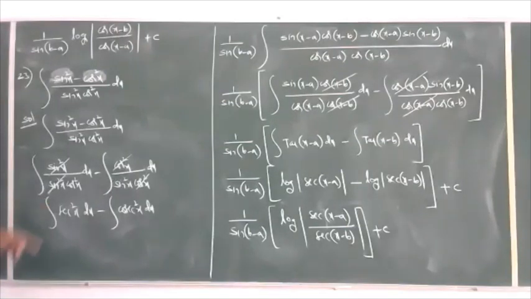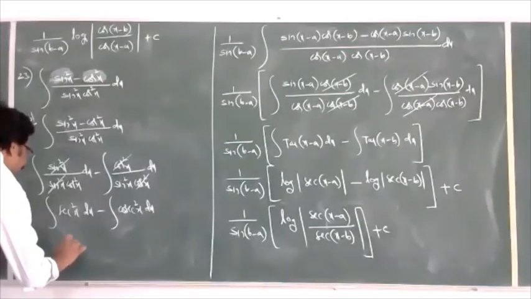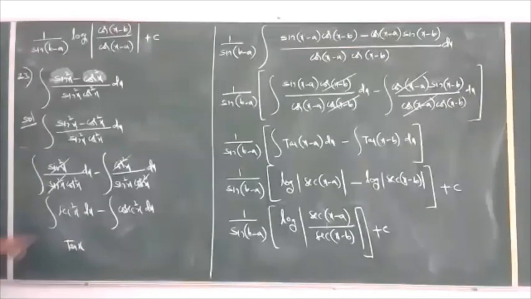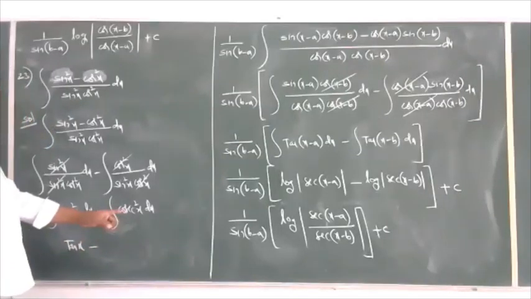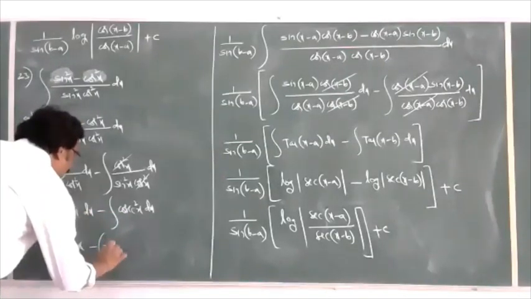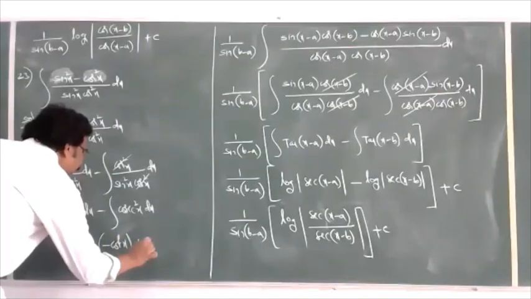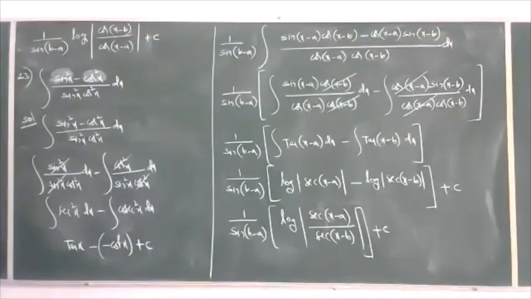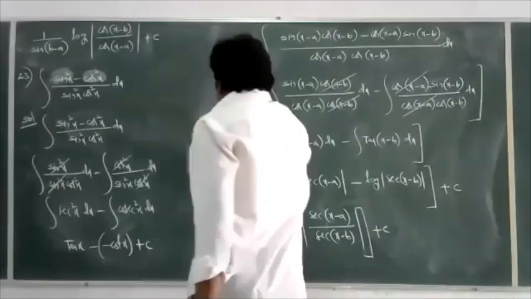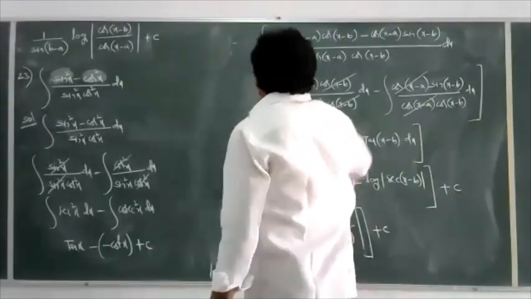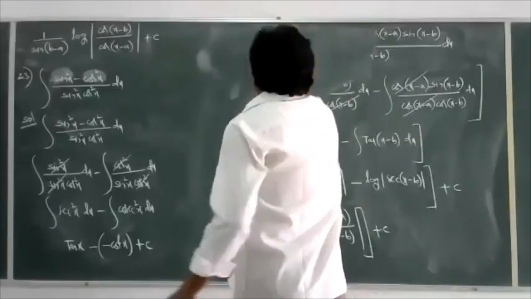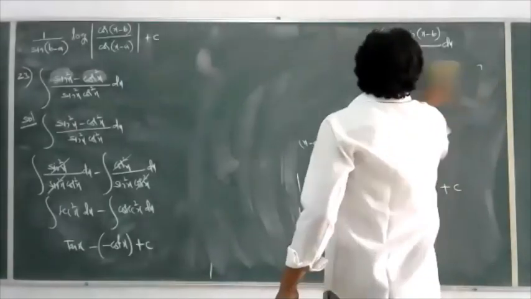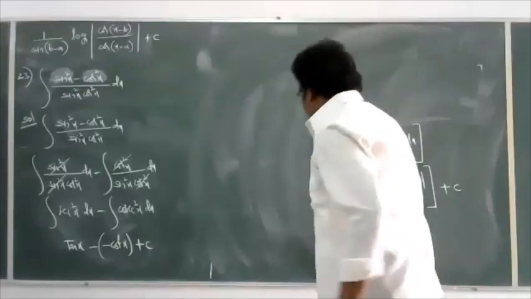Integration of secant square x is tan x. Integration of cosecant square x is minus cot x. Then you get tan x plus cot x plus c.